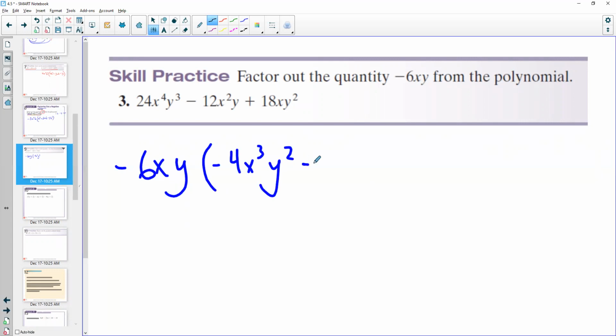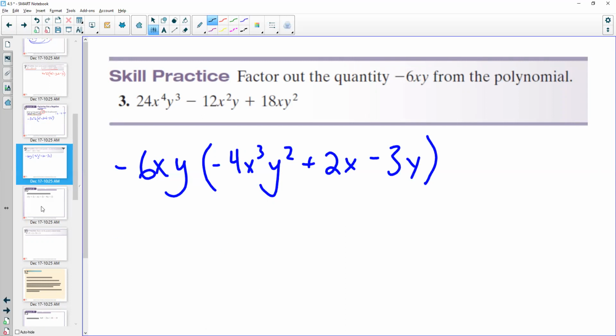That means I'm going to get a positive 2. I took out 1 x, so I have an x left, and I took out a y, so that just leaves me there. 18 is positive, so it needs to turn to a negative, and 18 divided by 6 is 3. I took out the x I had, and I have 1 y left. Okay? All right, next thing.